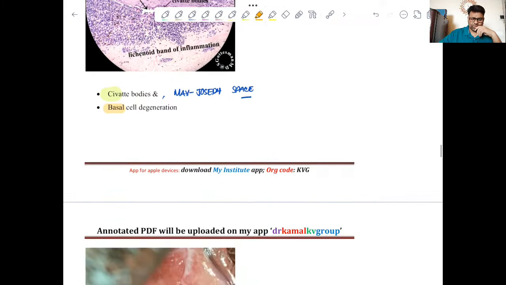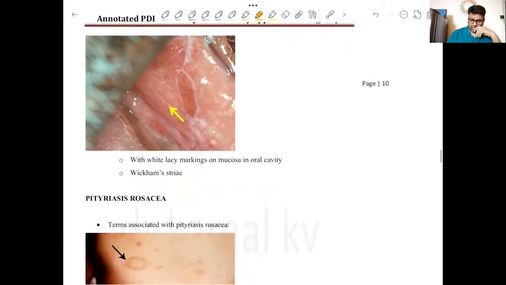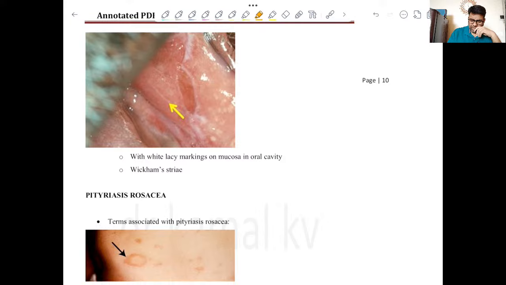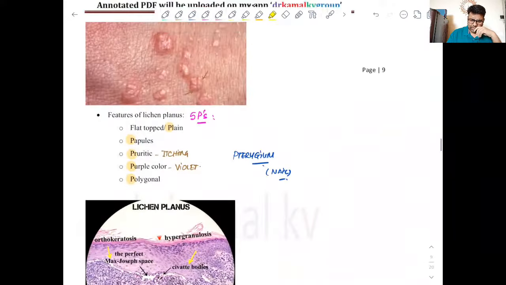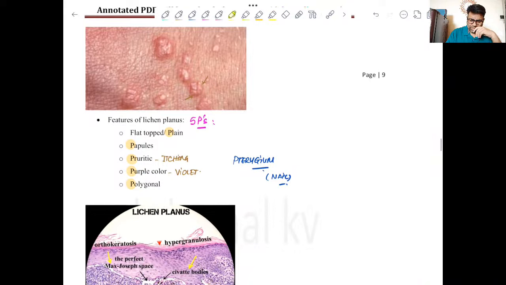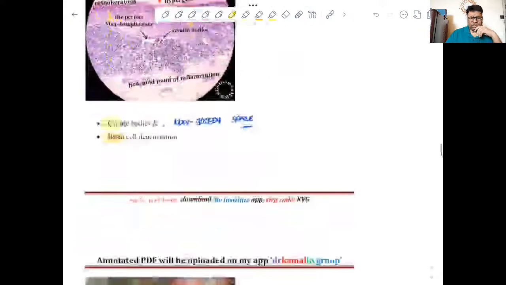So these are few terms related to lichen planus. And then we can see white lacy markings in the oral cavity, and on the top of the lesions we can see Wickham striae. We usually see white lines on these lesions, and this is known as the Wickham striae. Fine. So this is lichen planus.